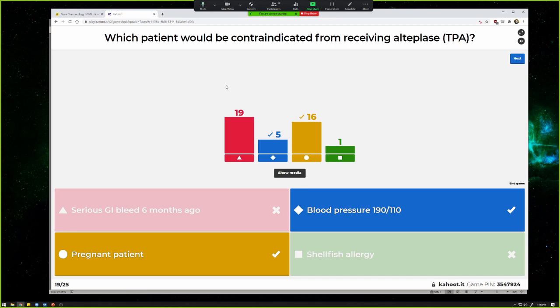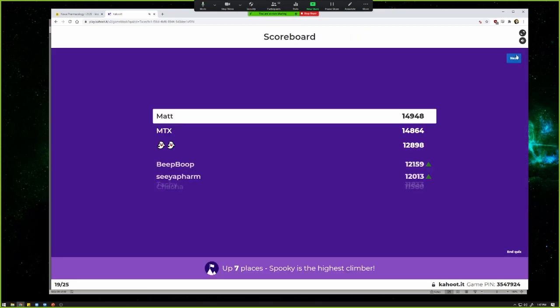So even if you knew it for the test on Monday and then kind of forgot it right afterwards, which I understand happens, if you were on clinicals and someone was about to get TPA, you'd be like, okay, so they haven't had any GI bleeds. What was the time for it? You can at least look it up, but you'd probably at least know that GI bleeds would be a contraindication, at least within some time frame. So some of these things are just trying to put it in the back of your mind so you'll be able to pull them out later on down the road. But you definitely should know them for the test, though.